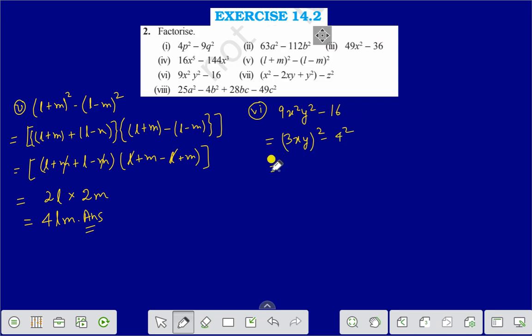And you can write a plus b into a minus b, that is (3xy plus 4) into (3xy minus 4), and that is the answer of question number 6. Here we have used the identity a square minus b square is equal to a plus b into a minus b.